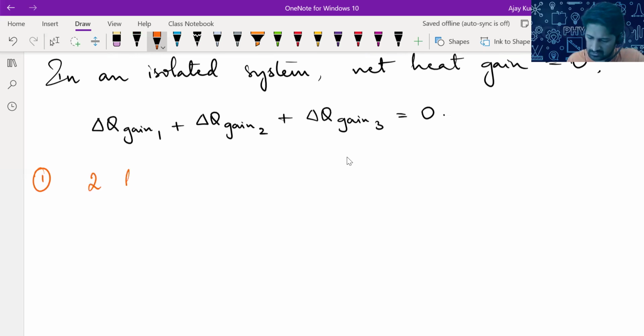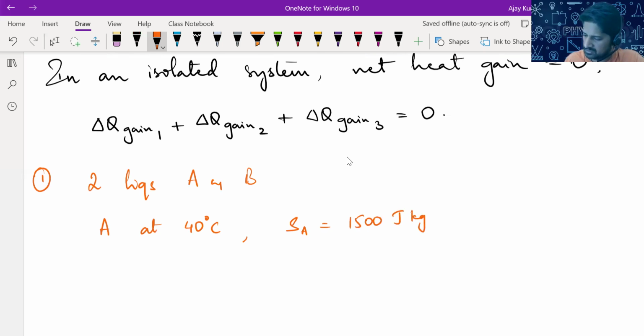Let's say there are two liquids, A and B. A is initially at 40 degrees C. Specific heat of A, let's say some 1500 joule per kg per Kelvin.